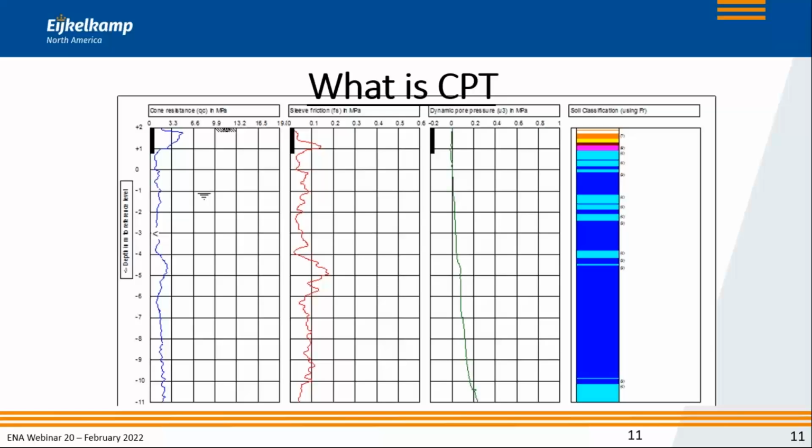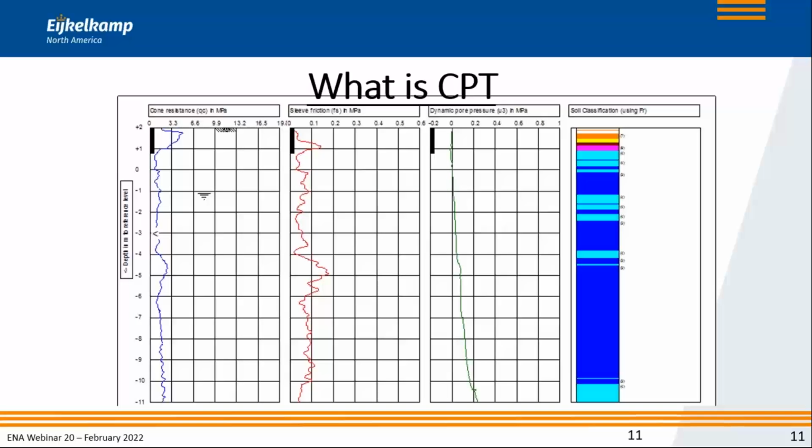Not what the soil is, but what the soil behavior classification is. When you think about it for pile driving, when the pile goes in the ground, that pile couldn't care less whether the soil is black or yellow, whether the soil is coarse or fine. What that pile cares about, because that is what determines the bearing capacity, is what kind of behavior that soil has.